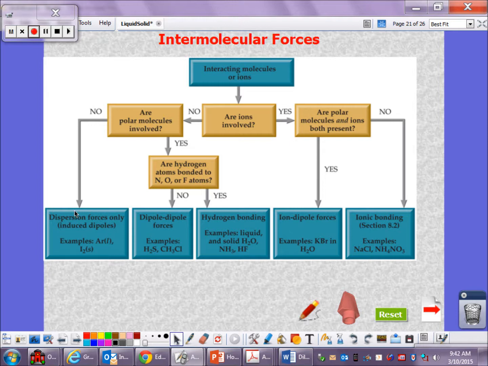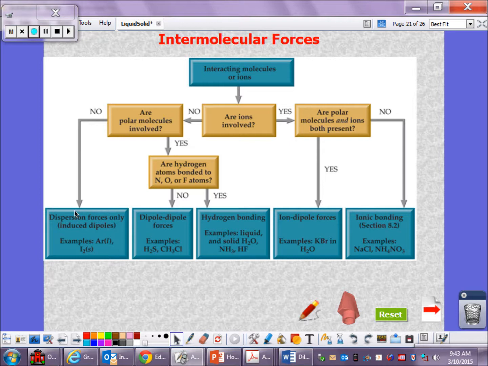Now let me repeat. You do not look at a substance and see it has hydrogen and say it has hydrogen bonding. Not all molecules with hydrogen have hydrogen bonding. To have hydrogen bonding, it should have hydrogen bonded with fluorine, oxygen, or nitrogen inside that molecule and have an attraction for fluorine, nitrogen, or oxygen from the adjacent molecule.